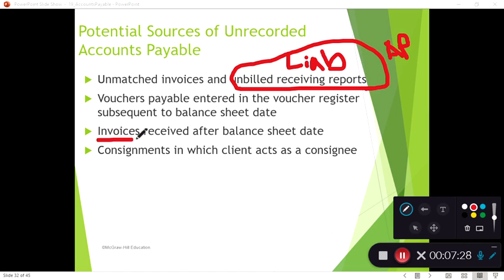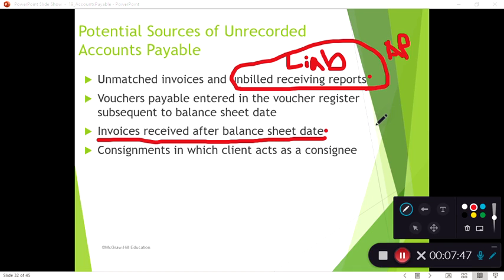You can also look to see if there are vendor invoices, for example, that were received after the balance sheet date, as opposed to relying on the client's internal receiving report. We can look now for an external source of evidence: any invoices that were received after the balance sheet date.